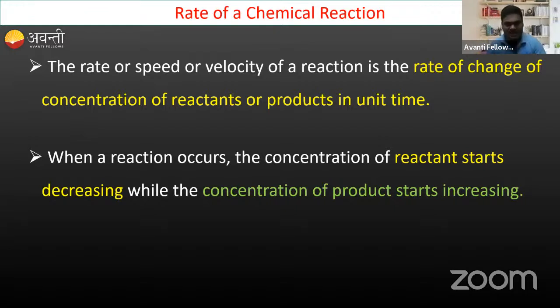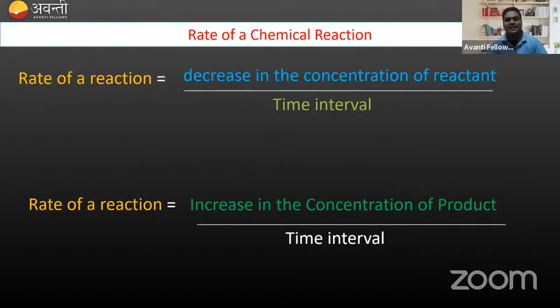As soon as the reaction starts, the concentration of the reactant begins decreasing and the concentration of the product begins increasing. So we can define the rate of a chemical reaction as the decrease in the concentration of the reactant divided by the time interval. Or we can also define it as the increase in the concentration of the product divided by the time interval.